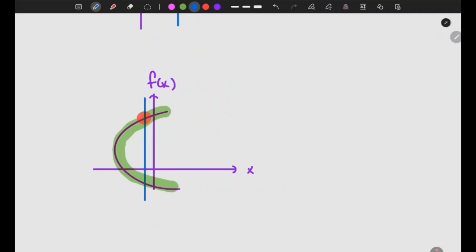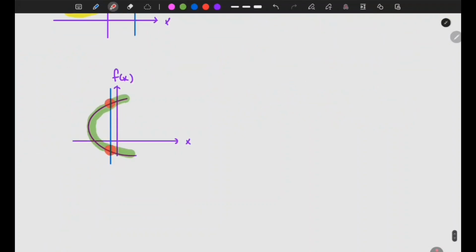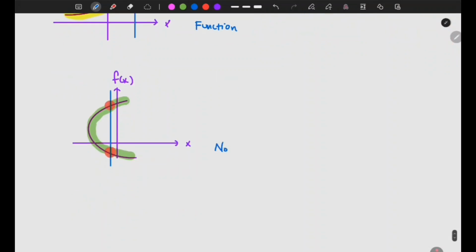You realize it cuts at 2 points. So if it cuts at 2 points, then it is not a function. Okay, so this is a function. This is not a function.